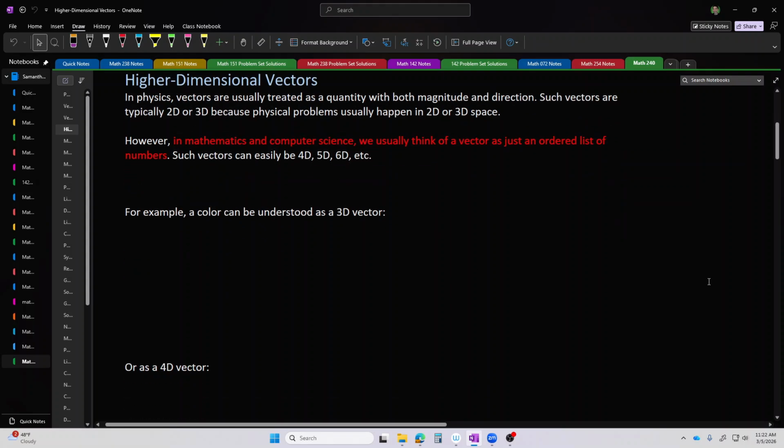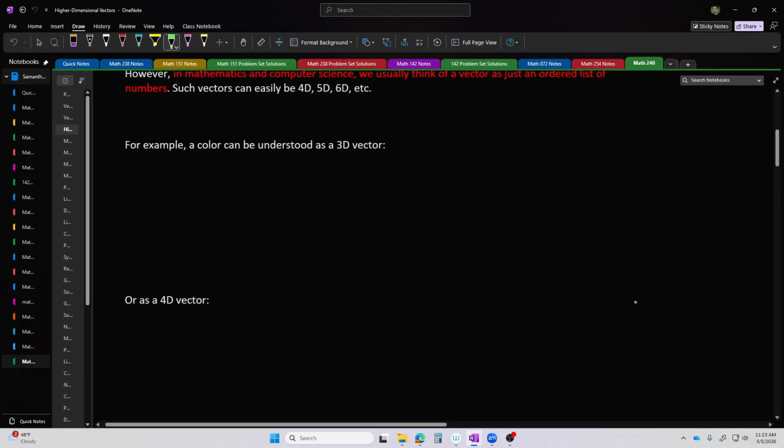Now, when you understand vectors just as an ordered list of numbers, you begin to see physical quantities that can be expressed in vector format. For example, colors. Colors can be thought of, especially in a computer context, as a three-dimensional vector.